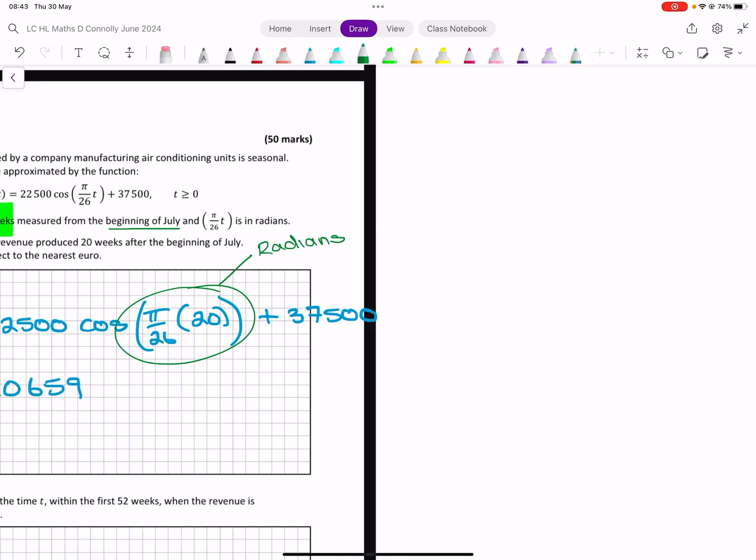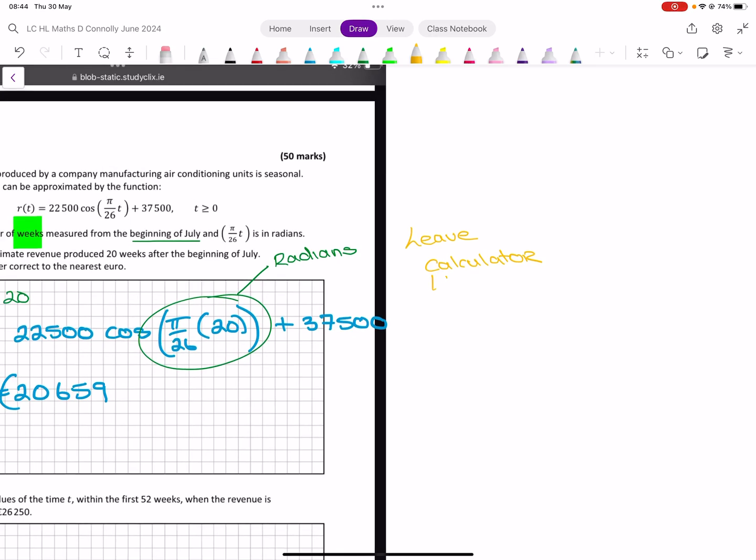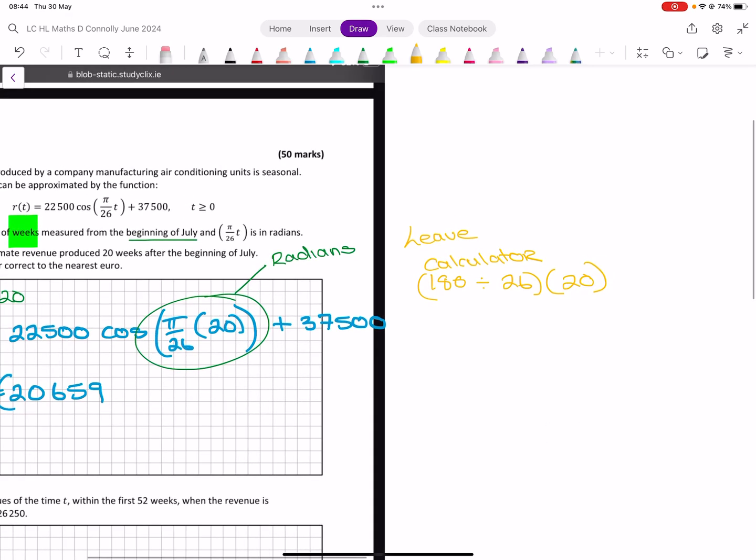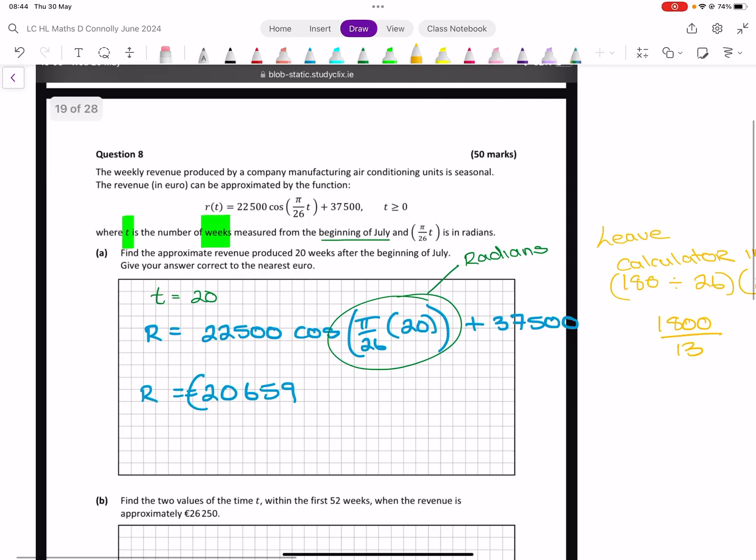If you want to leave your calculator in degrees, then that needs to become 180 divided by 26, and whatever you get, you multiply it by 20. It's a horrible number, so it's basically 1800 divided by 13 if you're leaving your calculator in degrees.